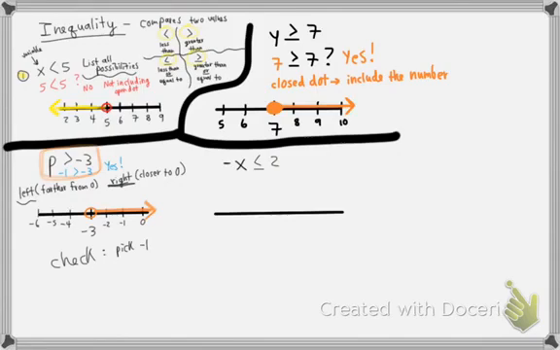Okay? All right, one final example that you're going to notice over here: -x is less than or equal to 2. Okay? So let's pretend I would do it my normal way. Let's say Mr. Willman would draw a line at 2, 3, 4, 5, 1, 0, -1, okay?